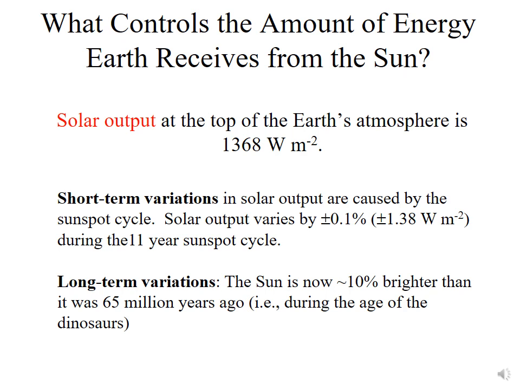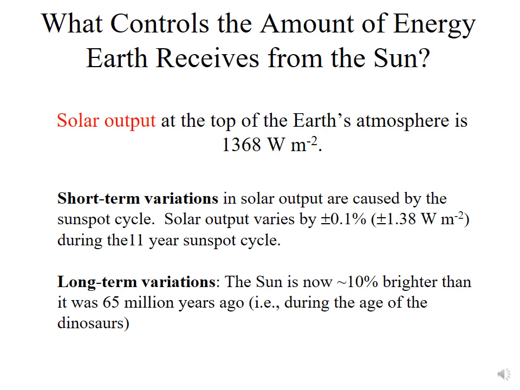And we also know that there are long-term variations in the solar output. The reason we know that is because we understand the life cycle of stars similar to ours. These stars will gradually increase in luminosity until their fuel starts to become depleted, and then they'll go through one of several different outcomes for the sun depending upon the mass that it has.